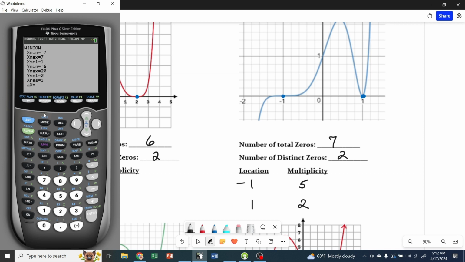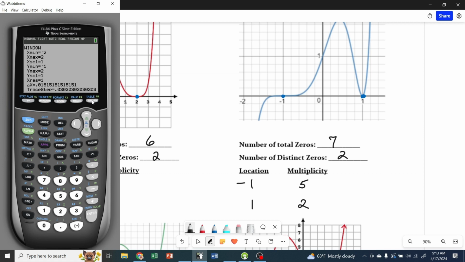Let's fix our window. We'll go from negative 2 to positive 2, and from negative 1 up to positive 2, and we'll do a scale of 1.